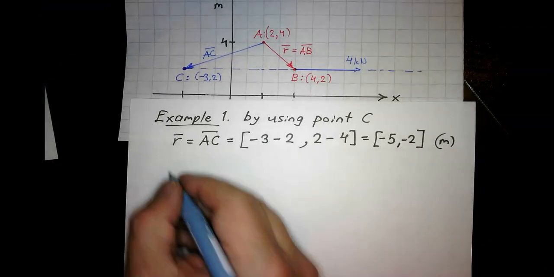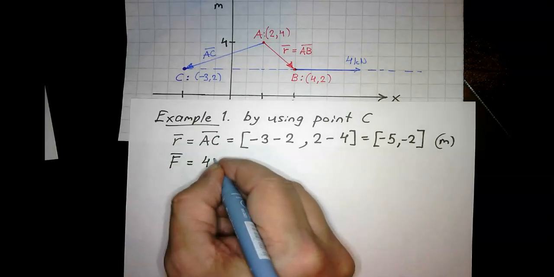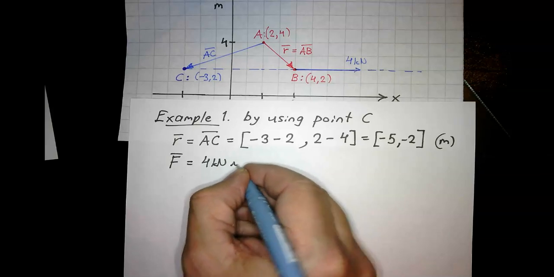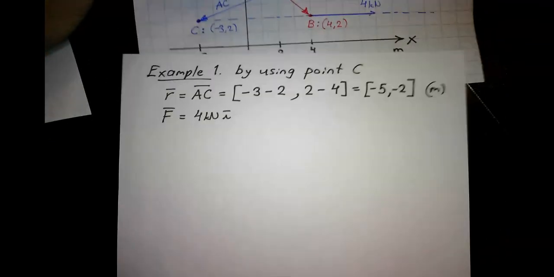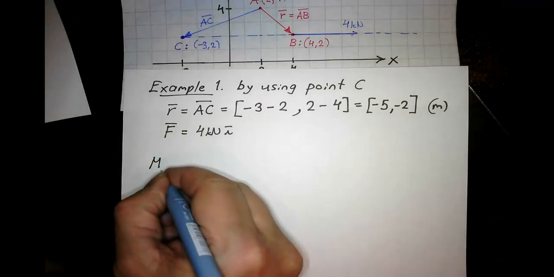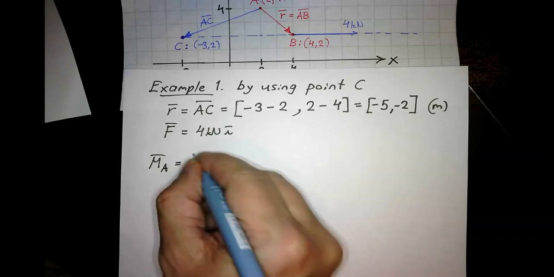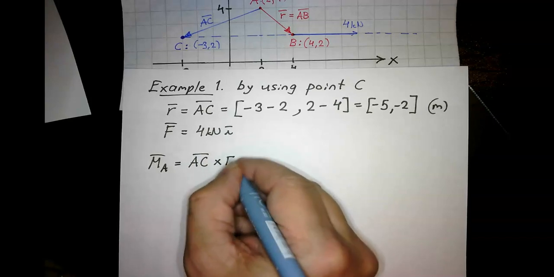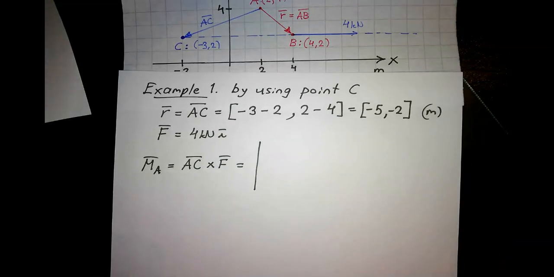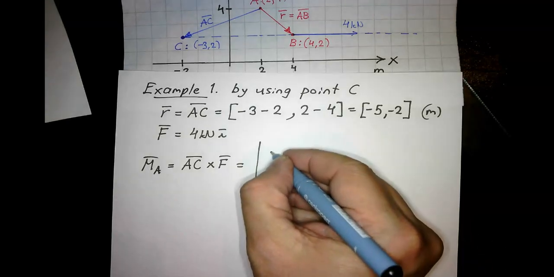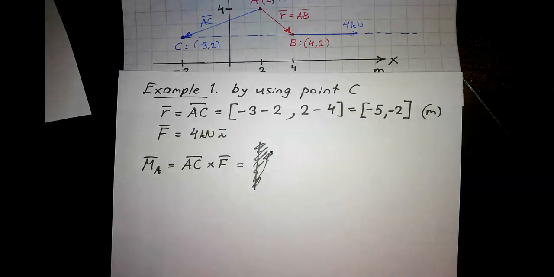And we have the same force vector here. It is 4 kilonewton i. So the moment A vector we get by AC cross F. I'm not going to do that with the determinant.